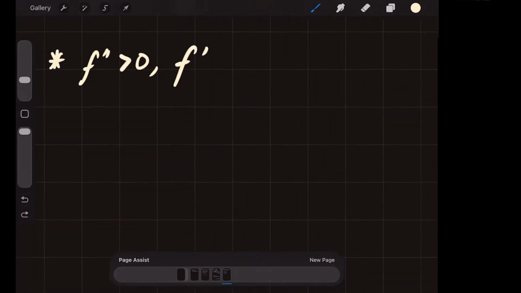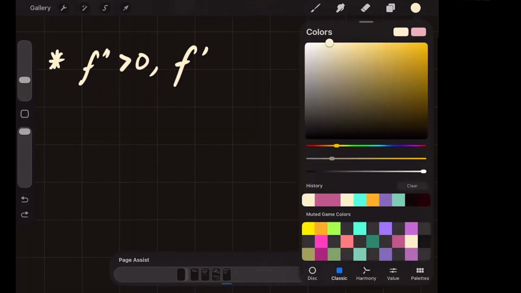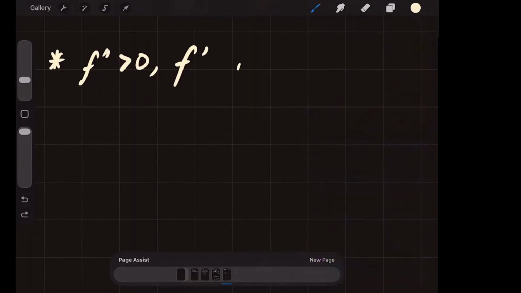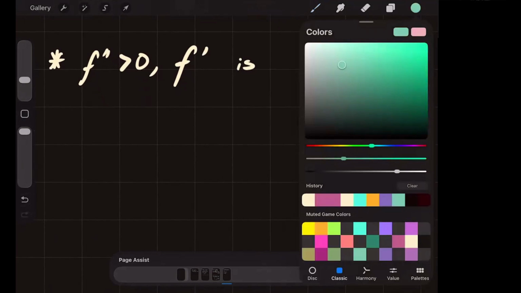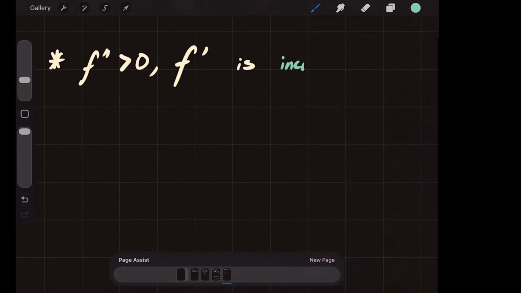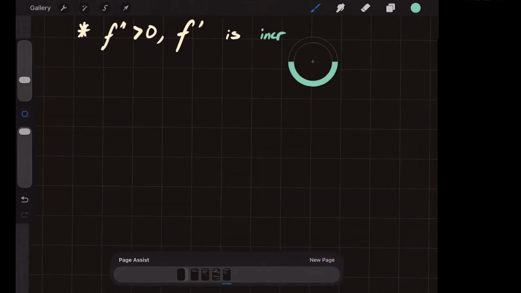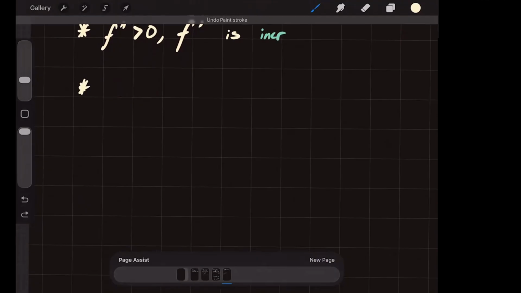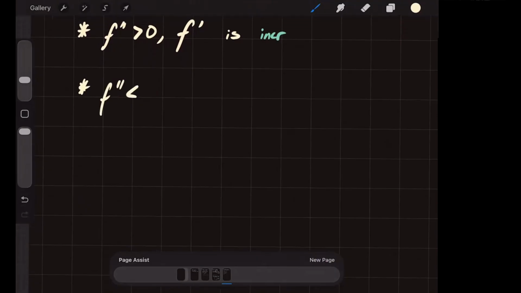When f double prime is greater than 0, f prime is increasing. Okay, easy enough. When f double prime is less than 0, f prime is decreasing. Okay.